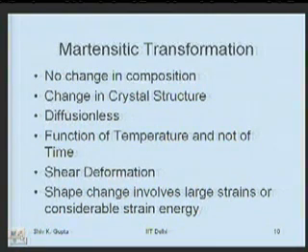The matrix expands by about 4 to 5% when there is a transformation from FCC to BCT, or formation of martensite. This 4 to 5% expansion, if it is taking place in the whole volume, there is no problem. But it's not taking place in the whole volume. Where the plate forms or where the lath forms, there is an expansion. Where it doesn't form, there is no expansion.